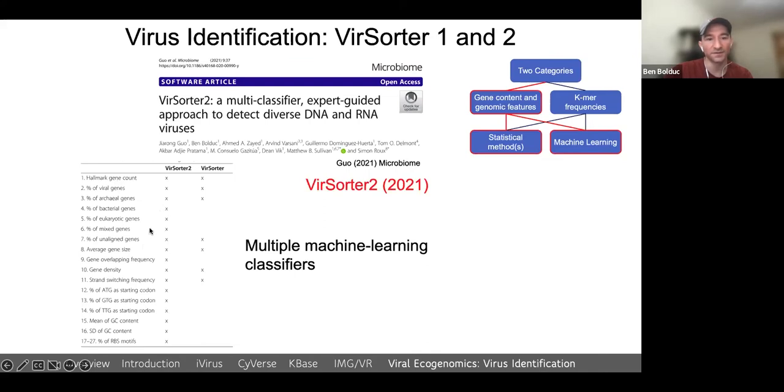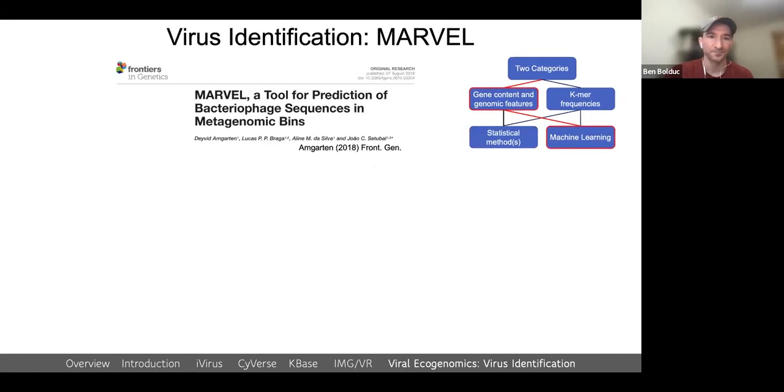You also notice that VirSorter 2 uses a lot of other features that VirSorter 1 didn't. And of course, using machine learning, you can see improvements. I don't know if I put the improvements in this slide. No, I didn't. But clearly, VirSorter 2 performs much better than VirSorter 1.